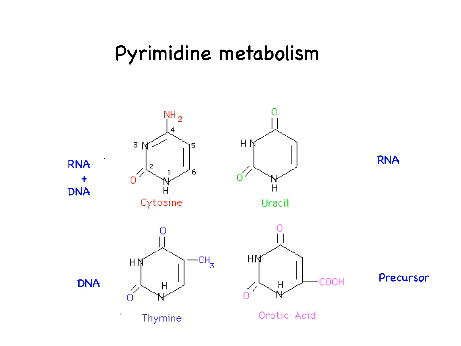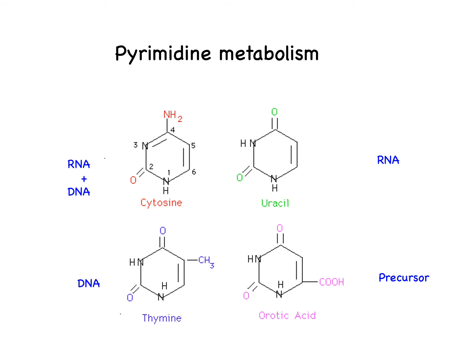Okay, I'm going to move on now to talk about the other group of these, the pyrimidines. These are a single six-member ring, and here are 4 examples. Start with the lower right-hand corner. We see the precursor orotic acid, and that then can be used to make the 2 bases found in RNA, uracil and cytosine, as well as the bases made in DNA, which is, again, cytosine and, of course, thymine.